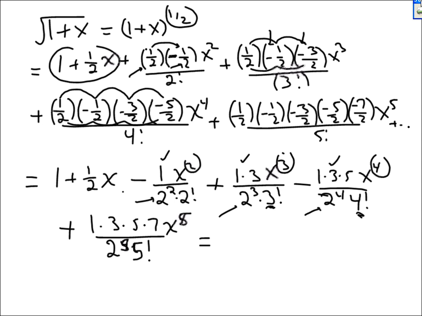So this becomes, I want to break off the 1 plus a half x. But I claim everything else lives up to the formula.